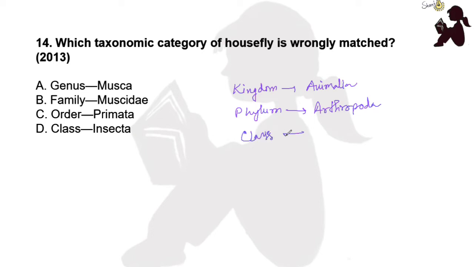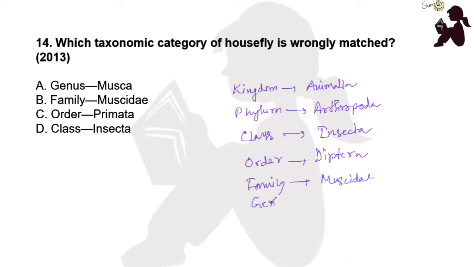Class of the housefly is Insecta. Then the order is Diptera. Then the family of housefly is the Muscidae. Then genus is the Musca, and at last the species is domestica.